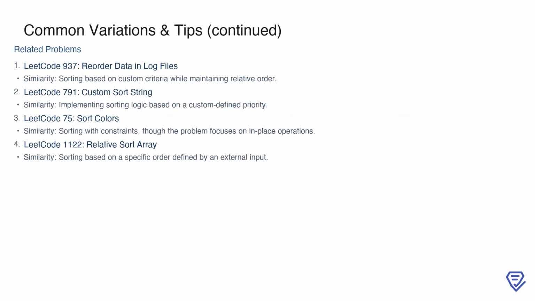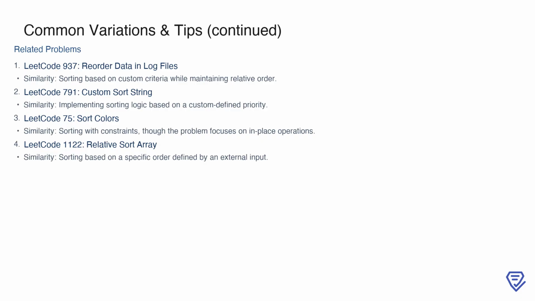It's also helpful to explore related problems that share similar concepts. For instance, LeetCode 937, Reorder Data in Log Files, focuses on sorting based on custom criteria while maintaining relative order, which aligns closely with this problem. Another example is LeetCode 791, Custom Sort String, where you define a custom sorting priority, much like the mapping logic here.